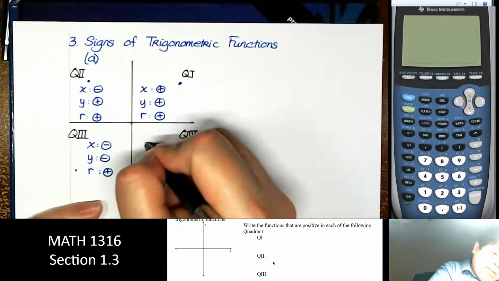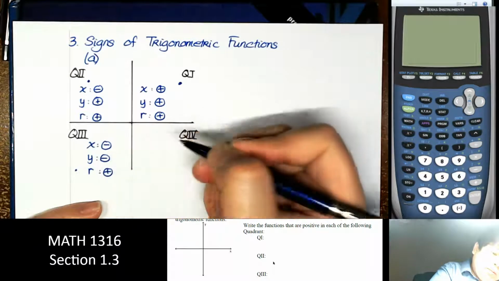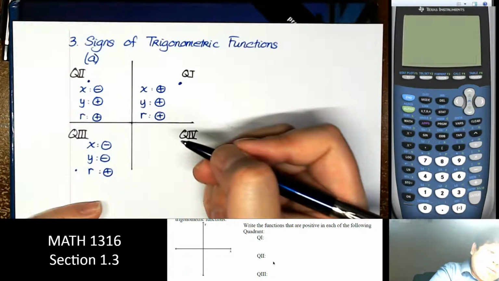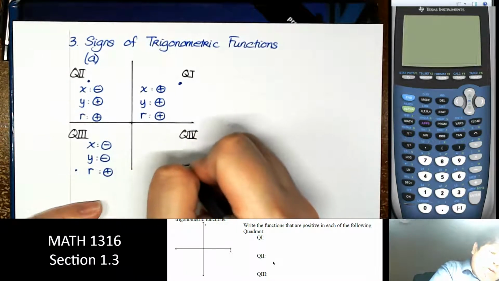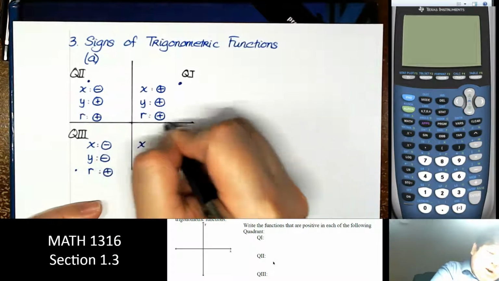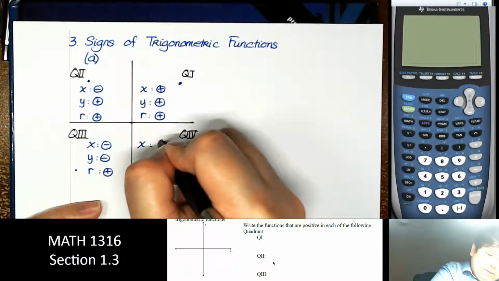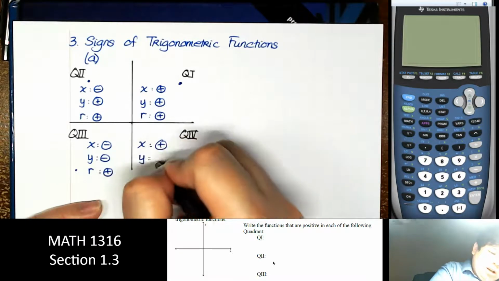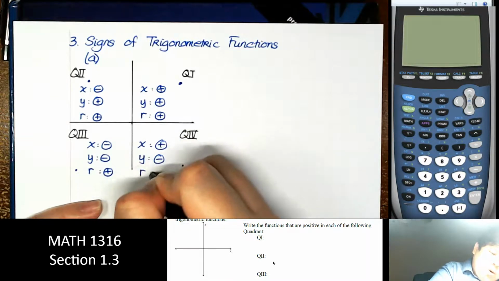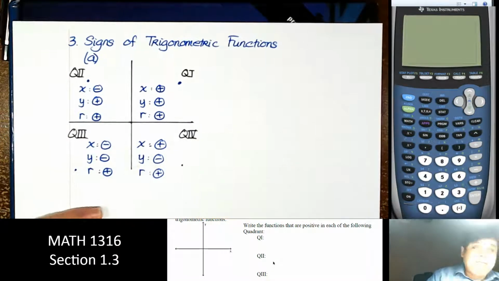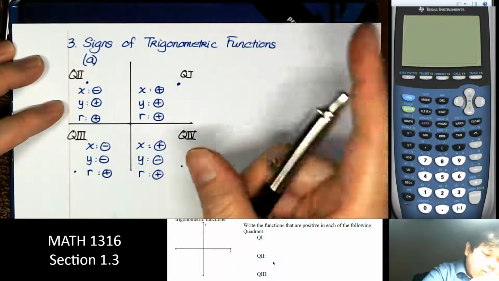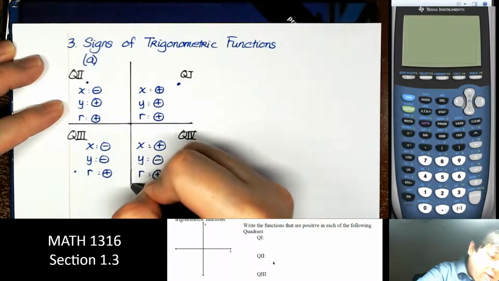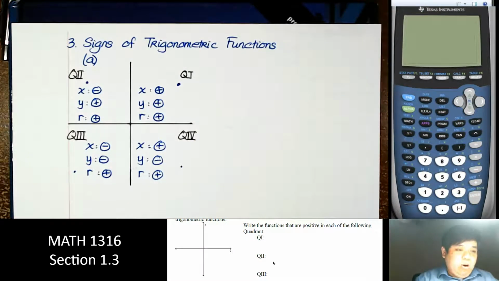And then a point on the fourth quadrant, x on this side positive, y on this side negative, and r always positive. Right. So we have the signs for x, y, and r.